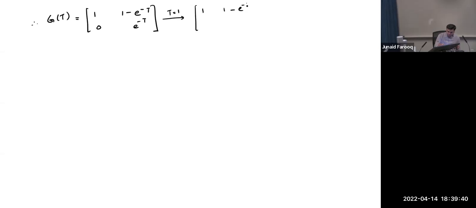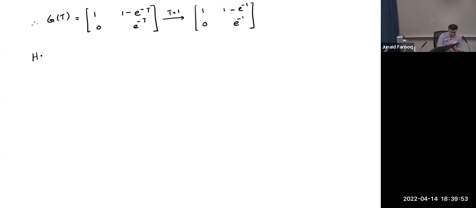Therefore, G of T equals this matrix 1, 1 minus e to the power minus T. And T equals 1, which will make it 1, 1 minus e inverse, 0, e to the power minus 1. Perfect. So the G matrix is there.